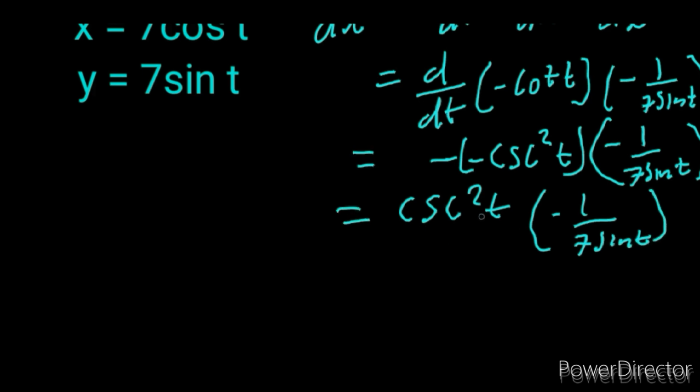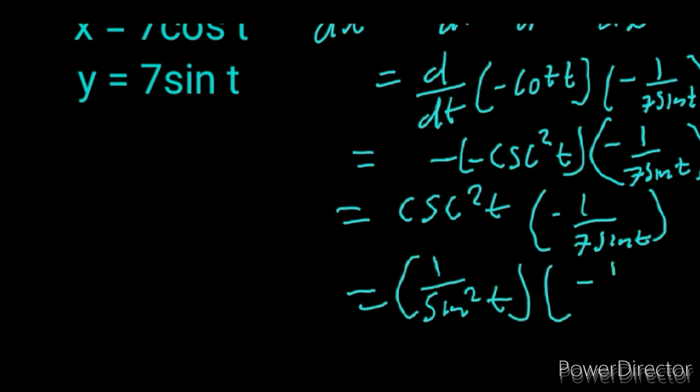Whenever you've got cosec, cot or sec combined with either sine, cos or tan, you have to change cosec, sec or cot so that you can simplify the whole thing. We know that cosec is 1 over sine. So cosec is the inverse of sine, and cosec squared is 1 over sine squared.